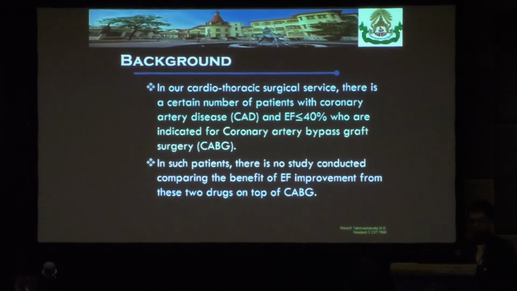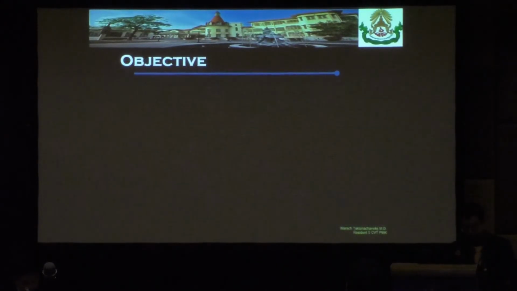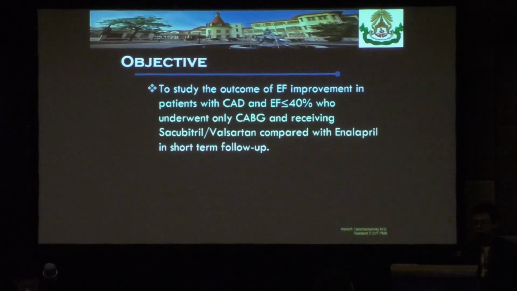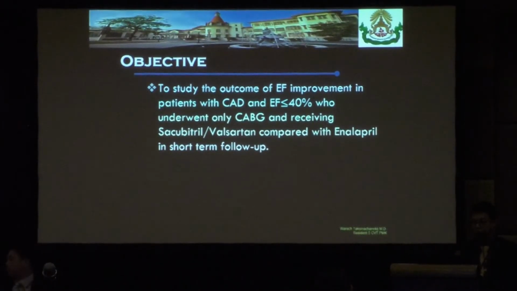In such patients, no study has compared the ejection fraction improvement from these two drugs on top of coronary artery bypass graft. The objective is to study the outcome of ejection fraction improvement in patients with coronary artery disease and low ejection fraction who underwent only coronary artery bypass graft and received sacubitril valsartan compared with enalapril in short-term follow-up.